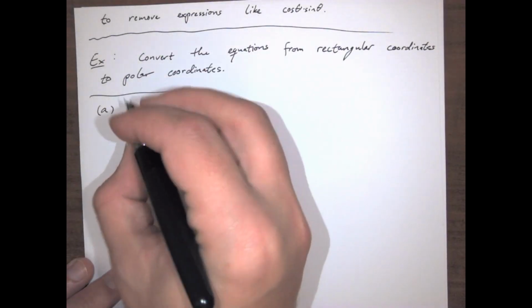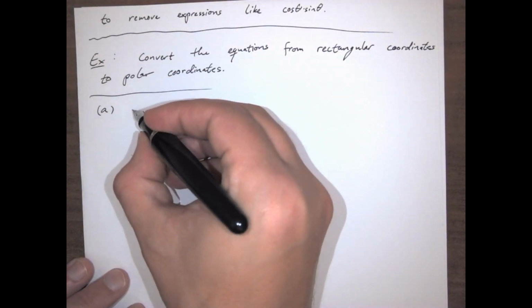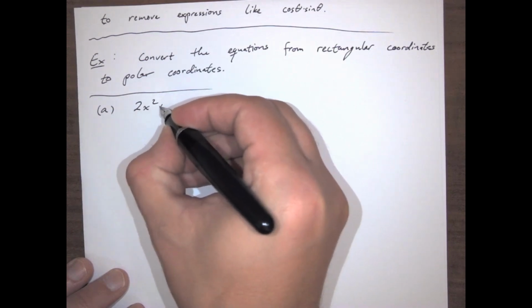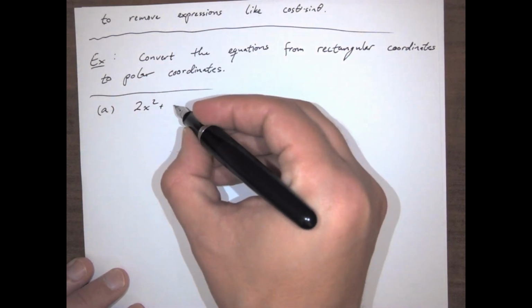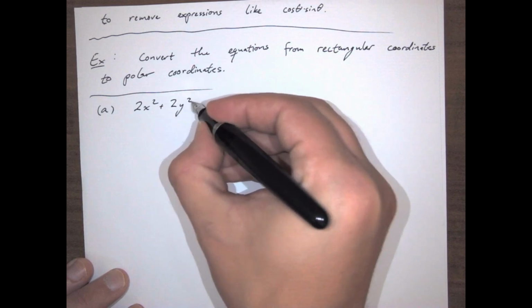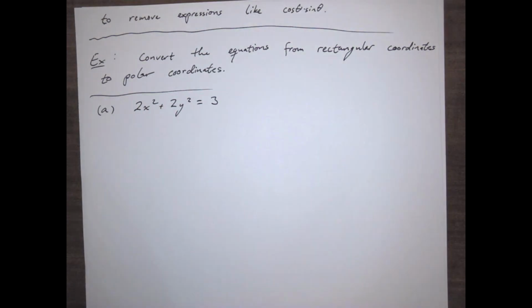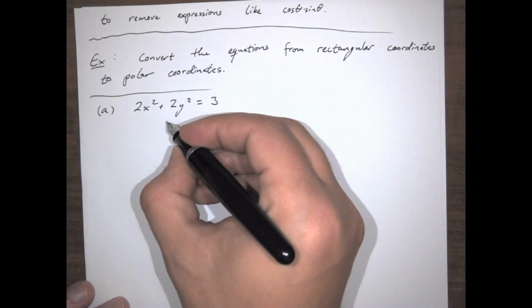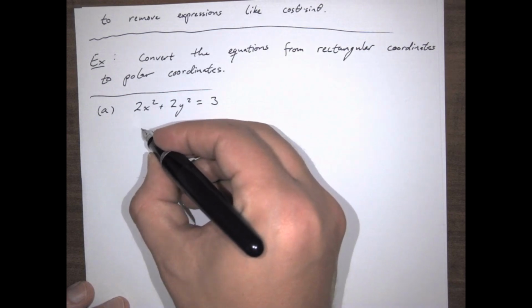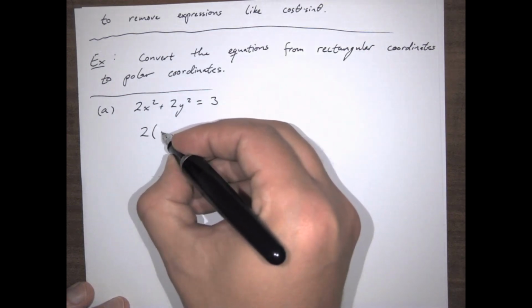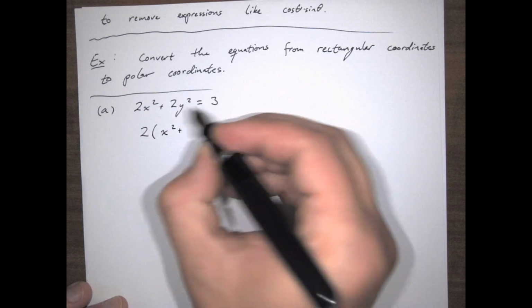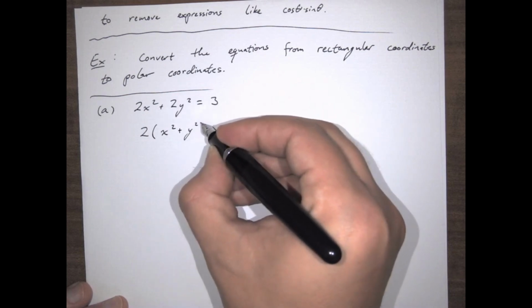So let's start with this one: 2x squared plus 2y squared is equal to 3. All right, well, here, if I pull out the 2, I'll get a very familiar looking expression, x squared plus y squared.